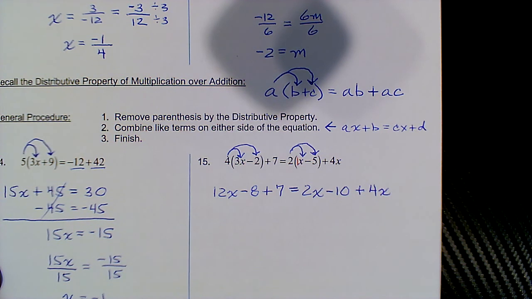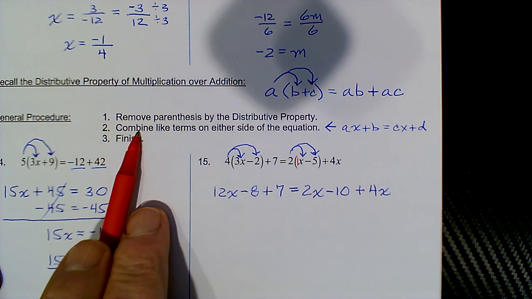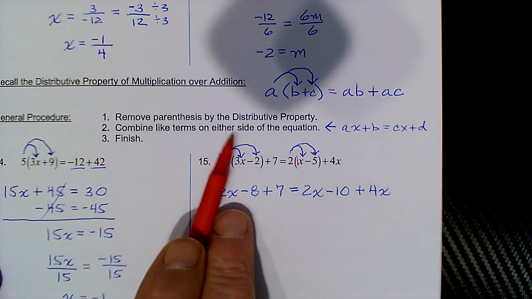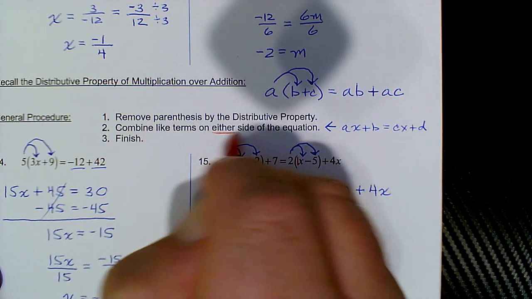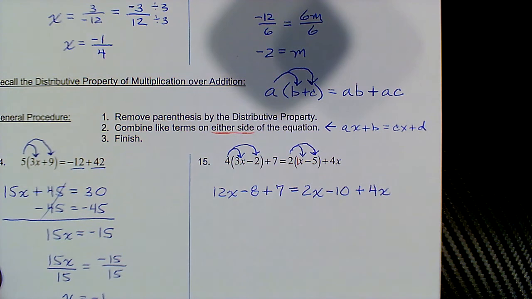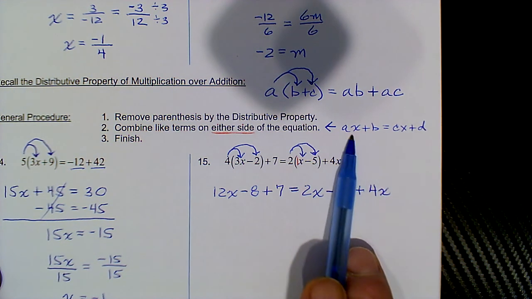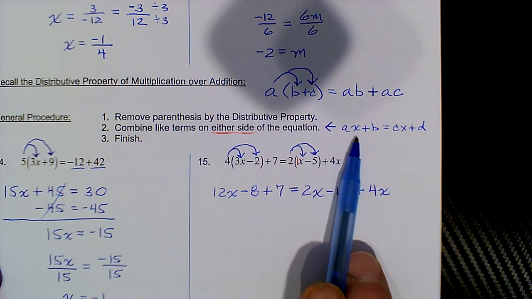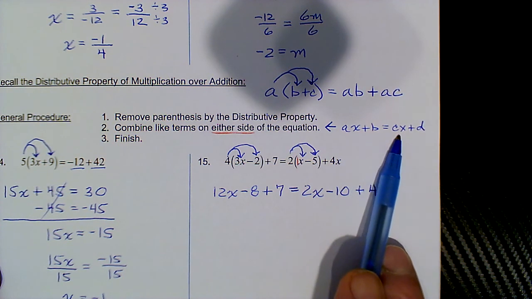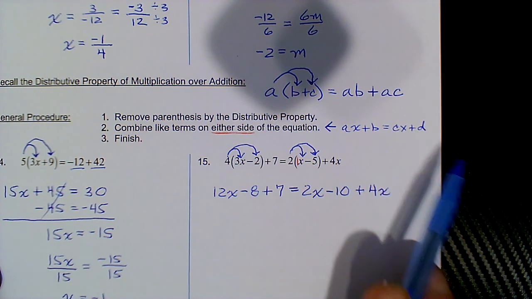But then before we start the transposition once again, we want to combine like terms on either side. Either side. Can't cross the equal sign with combining like terms. Crossing the equals is what we call our transposition. So combine like terms on either side to obtain the worst case scenario of variable and a constant equal variable and a constant.